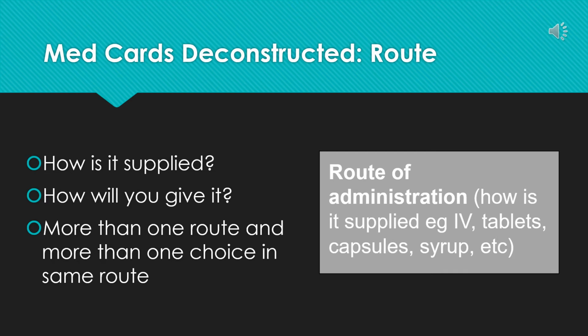Sometimes you'll have something that's injectable, say for instance, a drug that is in a vial, and you draw it up and you could either give it to the person as an injection in a muscle, or you can put it in a bag of fluid, further dilute it, like in a little bag of normal saline or whatever, and give it to them IV. So lots of different possibilities for route of administration.